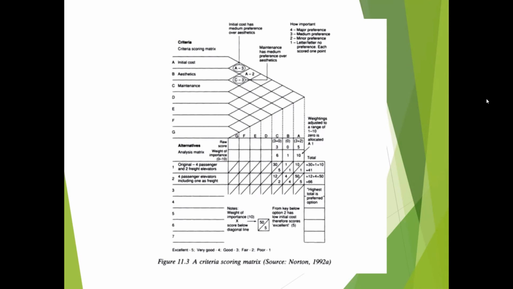And there is an A2. What does it mean? Each criterion is compared with all the other criteria, right? So take the initial cost, compare with the aesthetic, and accordingly, it says initial cost is medium preferred to aesthetic.